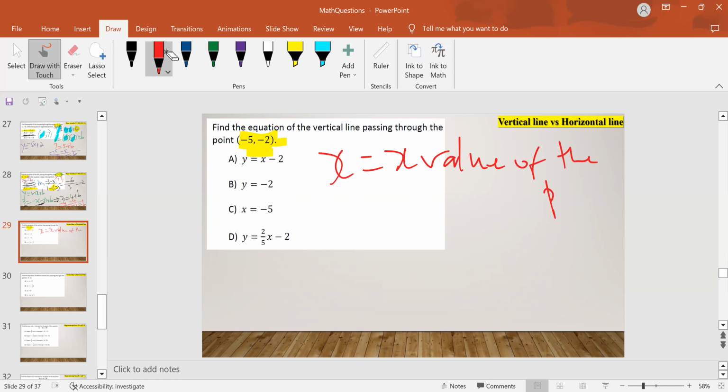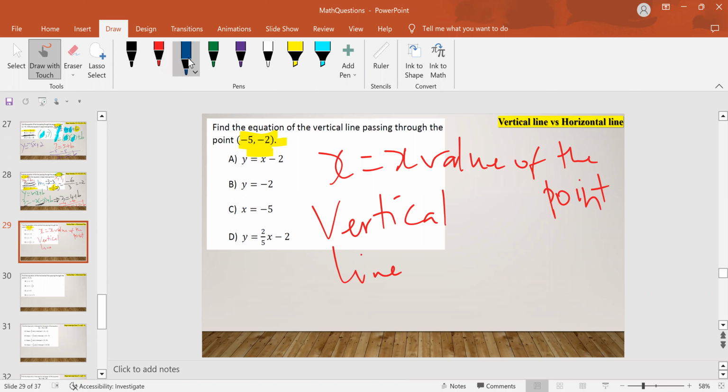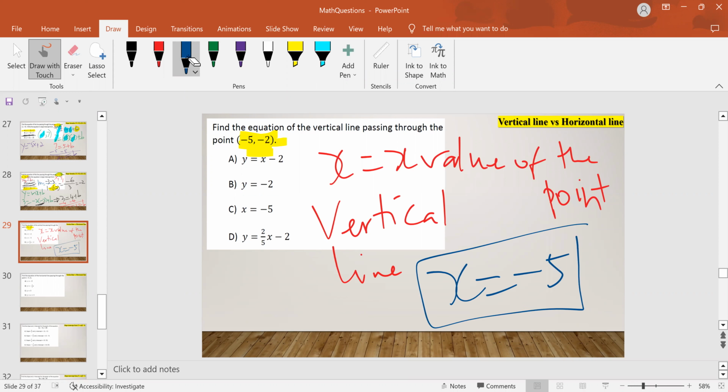That is one vertical line. So here the answer will be x equal to, what is the x value of the given point? -5. That's it.